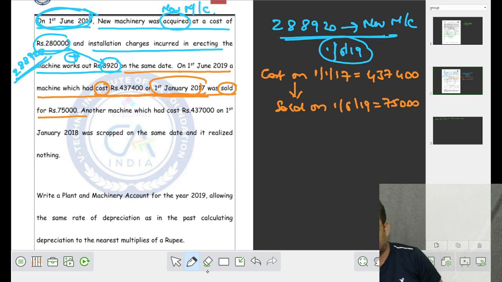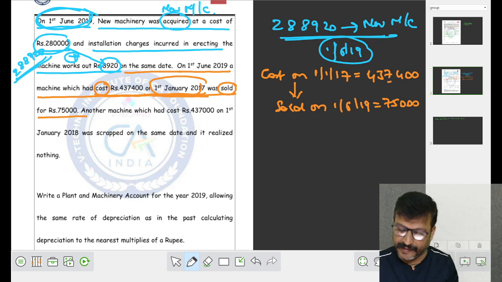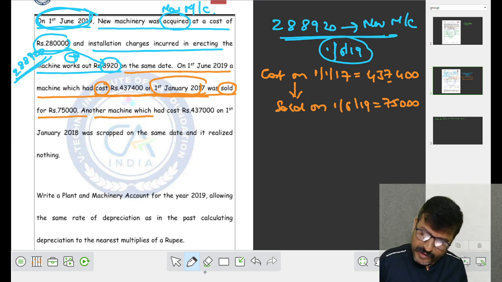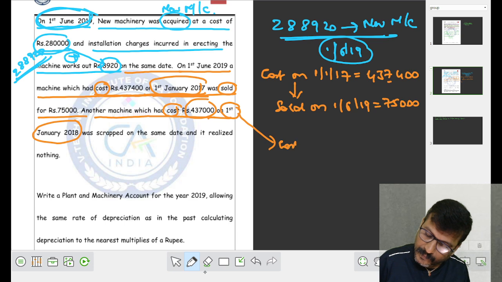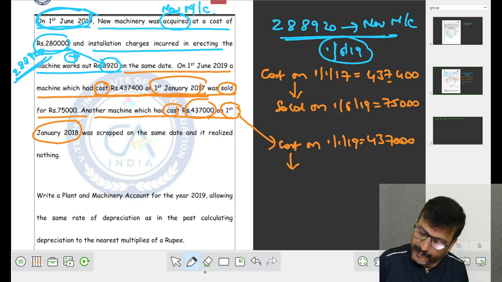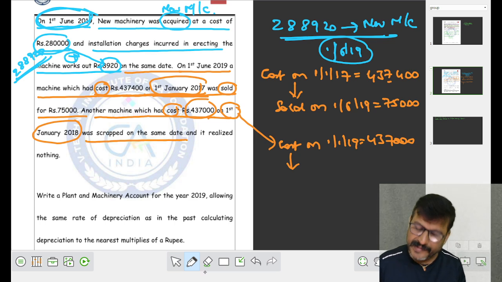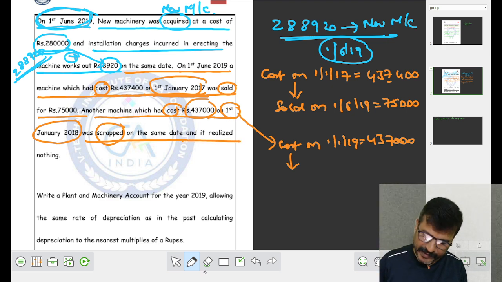Please, my dear student, concentrate. Cost on 1st January 17, 4,37,400, sold for 75,000. Again, another machine which had cost 4,37,000 on 1st January 19 was scrapped on the same date. Scrap means waste, and realized nothing.